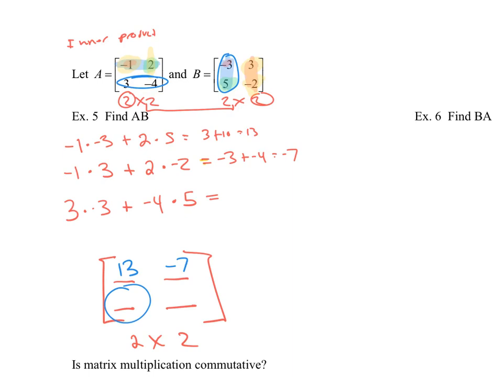That gets me -9 minus 20, so -29. So the bottom left is -29, and then we finally end up with the bottom and the right.